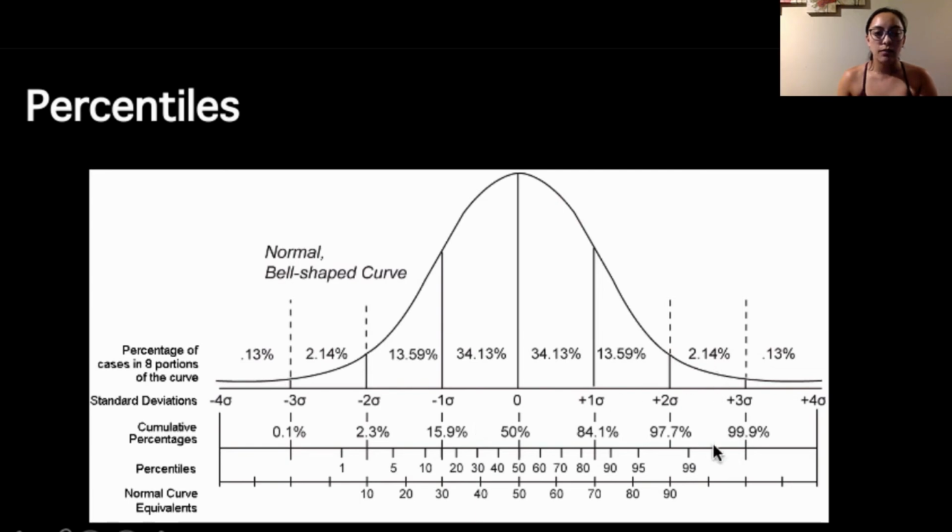It's very, very rare that you're going to get somebody who's in the 98th, 99th percentile or above, and very rare to get somebody who is lower than the first percentile. So those areas past 2 standard deviations are usually going to be considered where your outliers would be.